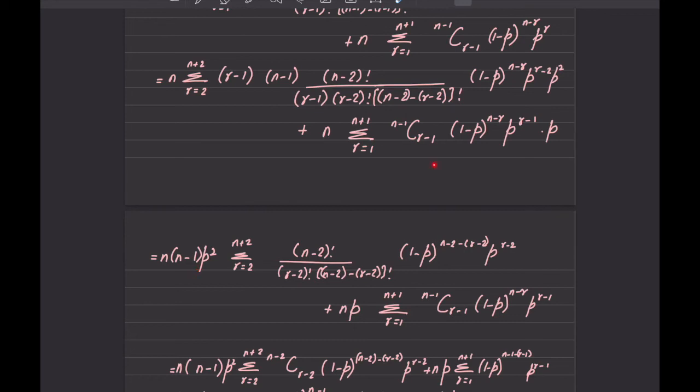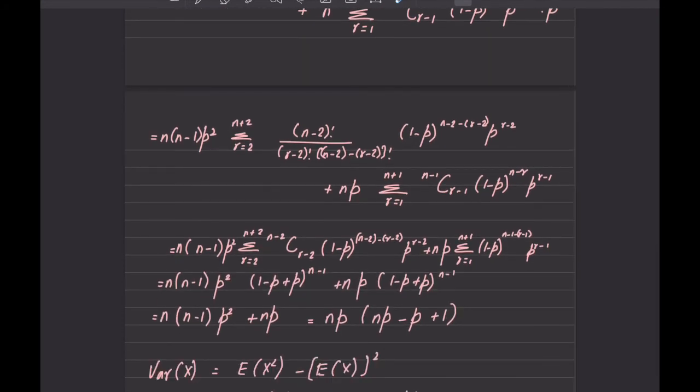And from the second term, I can take p outside the summation sign because that also is not a function of r. Hence I can write n minus 2 factorial upon r minus 2 factorial times n minus 2 minus r minus 2 factorial as n minus 2 C r minus 2.